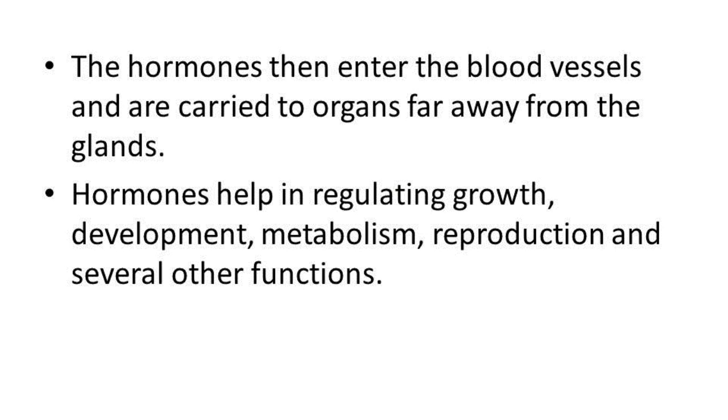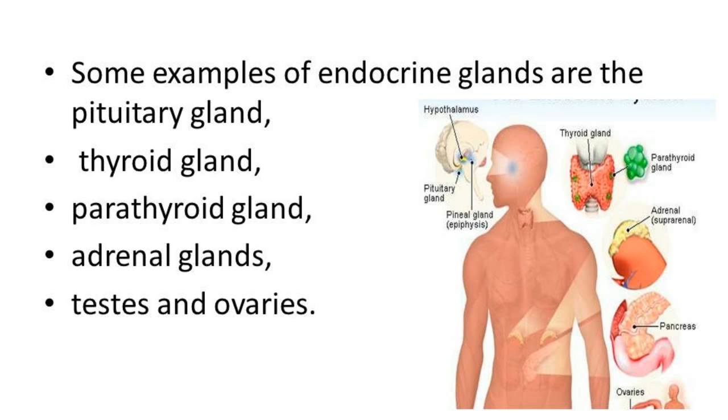The endocrine glands secrete for some purpose. What are the purposes? For growth, development, metabolism, reproduction. For example, the endocrine glands are the pituitary gland, thyroid gland, parathyroid gland, adrenal gland, testes and ovary.